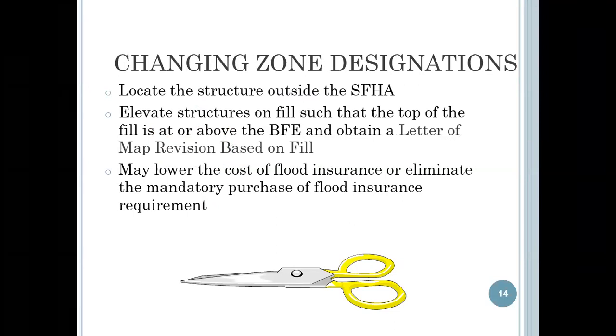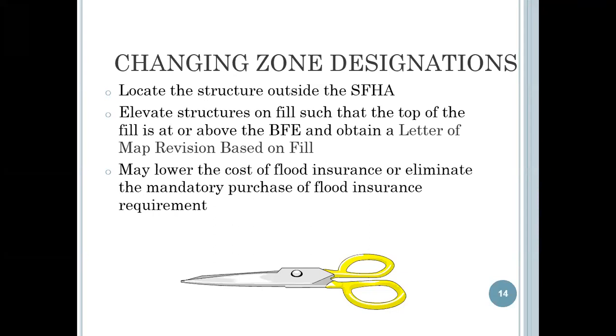As we review our map studies and update those map studies, we need to look at whether the structure is located outside of the special flood hazard area. If it's outside, we have the preferred risk. Preferred risk is a package policy that's available for non-special flood hazard areas.